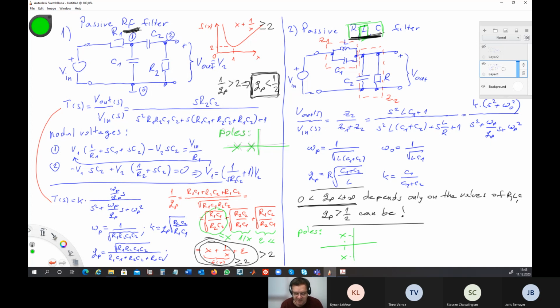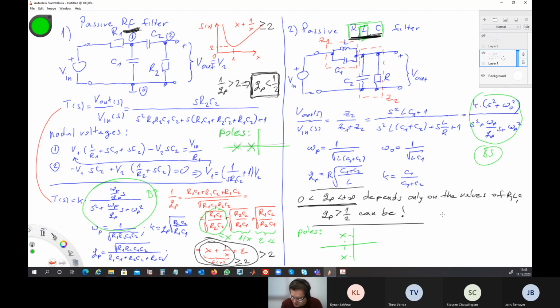Okay, here I didn't plot the characteristics. Here on the left side, you can recognize immediately from here, this is bandpass. And from here, you can recognize this is band stop. So this band stop characteristic looks like this, and it can be very narrow. Here is omega 0.